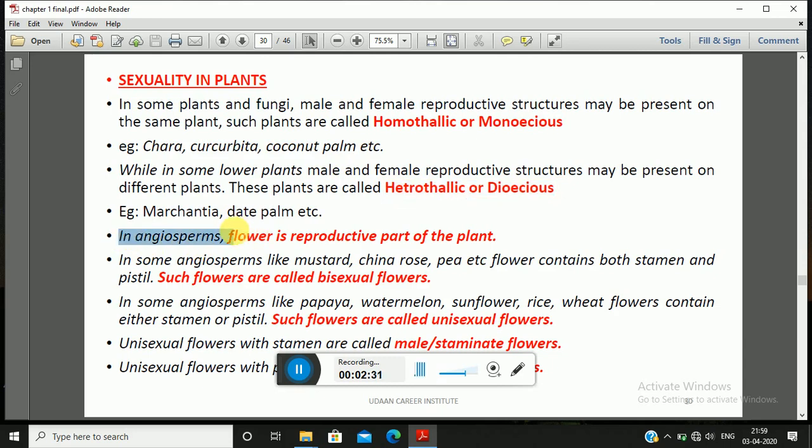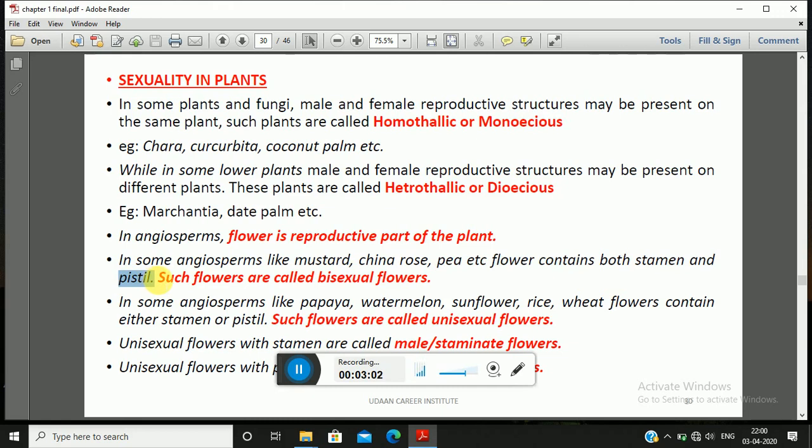In angiosperms, the flower is the reproductive part of the plant. In some angiosperms like mustard, China rose, pea, the flower contains both stamen and pistil. As you know, stamen is the male reproductive organ and pistil is the female reproductive organ, or we can say androecium and gynoecium.